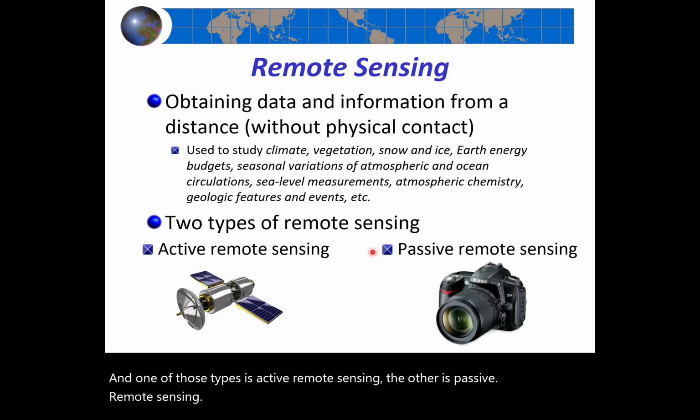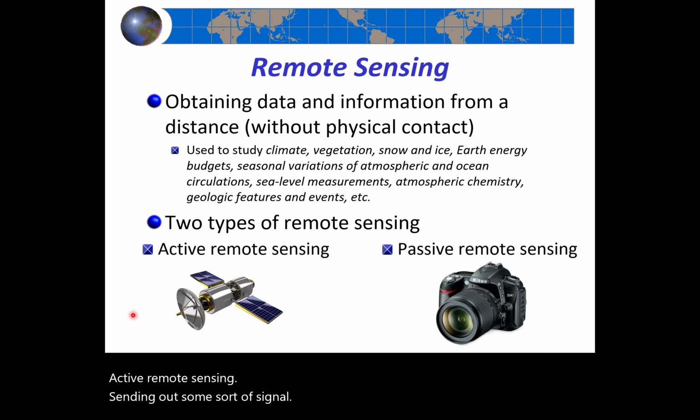Active remote sensing involves sending out some sort of signal from the instrument, and that signal comes back and gives you the data. So there's an active signal being sent out.